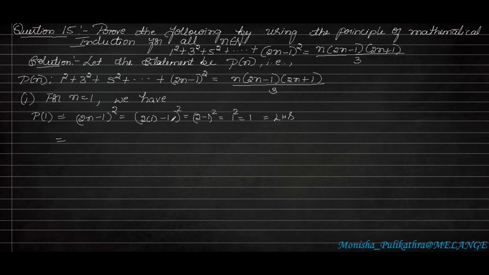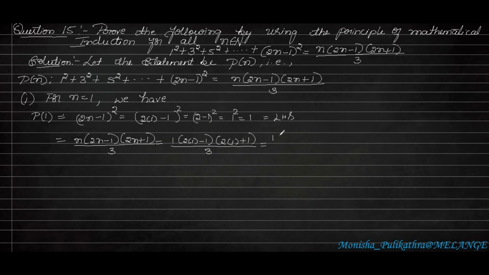So next in the RHS part, we have to take the whole term, that is n into 2n minus 1 into 2n plus 1 whole divided by 3. So wherever n is there, we have to substitute 1 here. So 1 into 2 into 1 minus 1 and 2 into 1 plus 1 whole divided by 3.